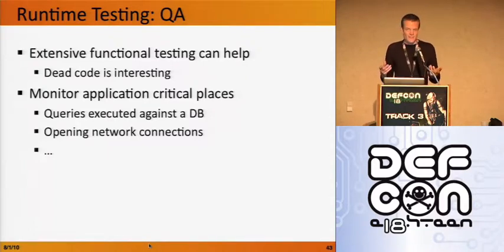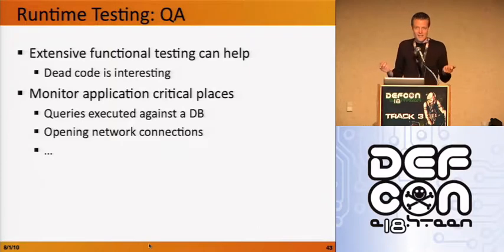There are a handful of things that are security sensitive. If you can overlay your ability to detect dead code during functional testing with things that might be security sensitive, you find people opening sockets in dead code, that's a good thing to get rid of either way. At the very least, it's dead code that might introduce a bug or cause some problem later on, but it's also quite possible that it's behind one of these logic bombs or hard-coded credentials, time bombs, something that's meant to not execute on a regular basis.